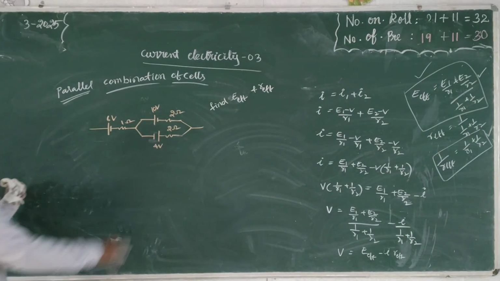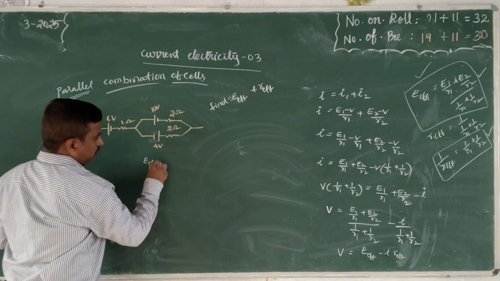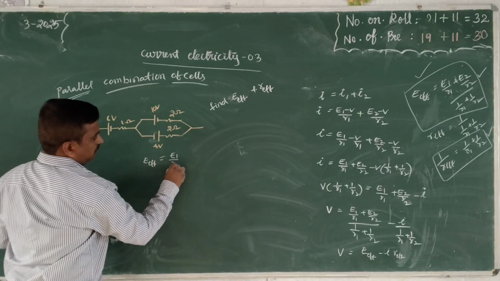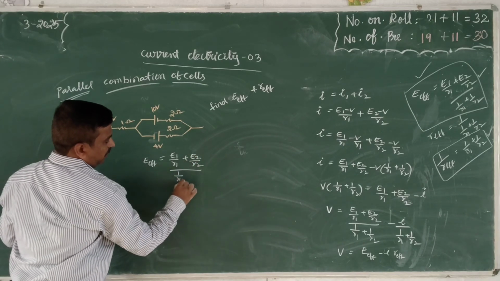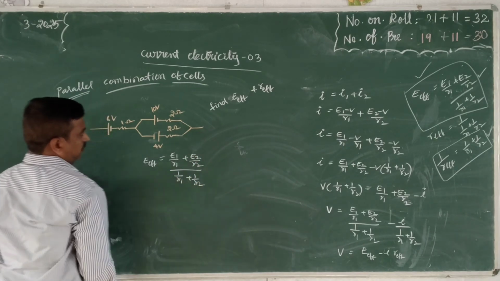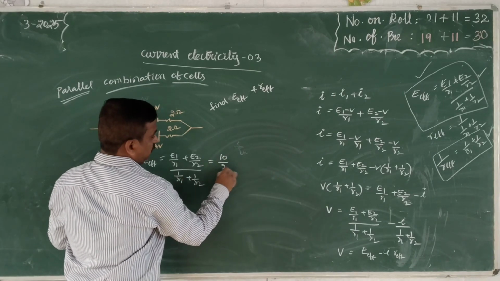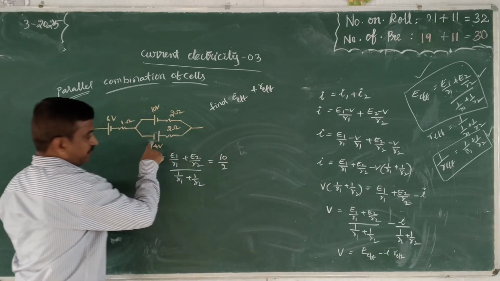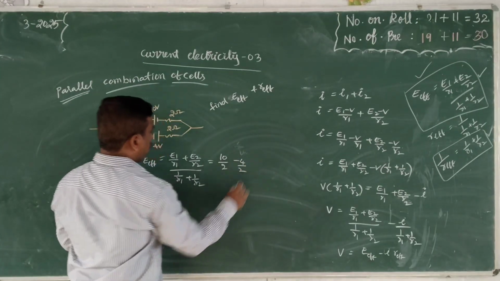First we find the parallel combination. E effective equals (E1 by R1 plus E2 by R2) divided by (1 by R1 plus 1 by R2). E1 is 10 by resistance 2. Here the polarity is reversed, so we write minus 4 by 2. Resistance is 2.